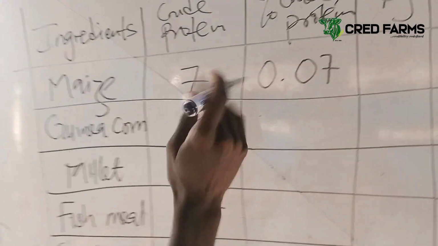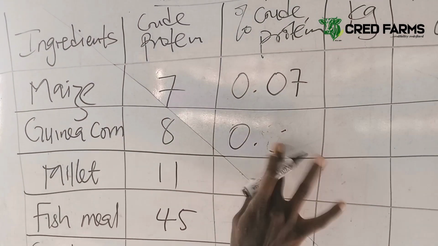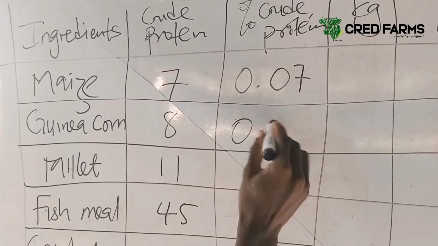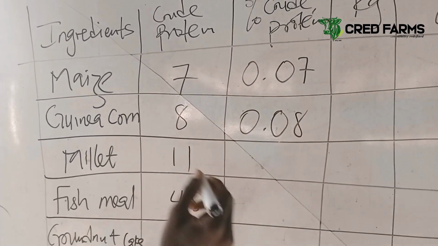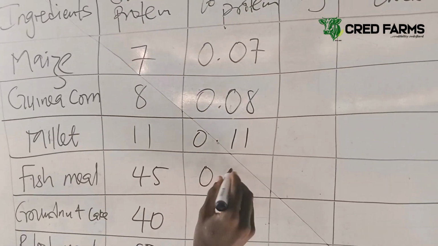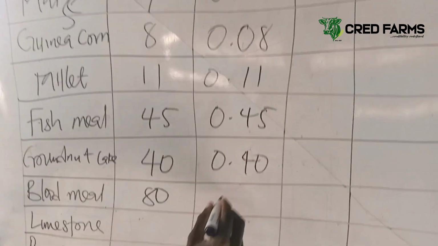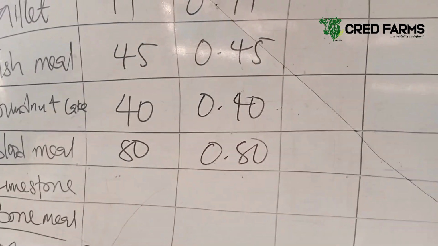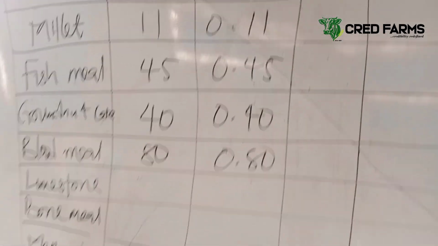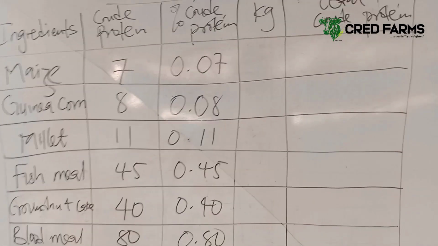For 8, if you divide by 100, 0.08. Then 0.11, 0.45, 0.40, and 0.80.